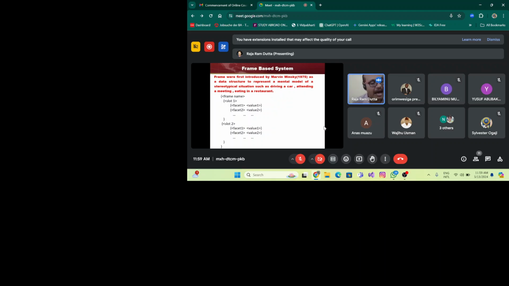Any object has lots of slot values. A slot value is basically a property of the object, and one property can also be divided into small sub-properties. So frame name, slot 1, facet 1 value 1, facet 2 value 2, facet 3 value 3, slot 2 facet 1 value 1, facet 2 value 2. This is the syntax.